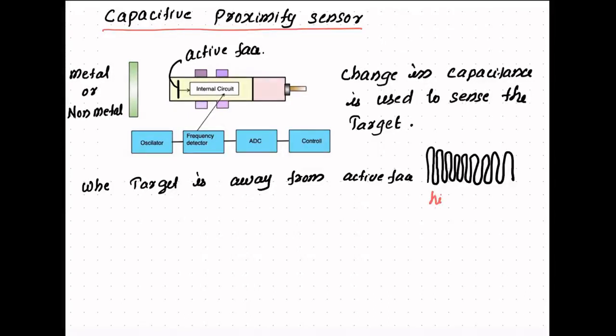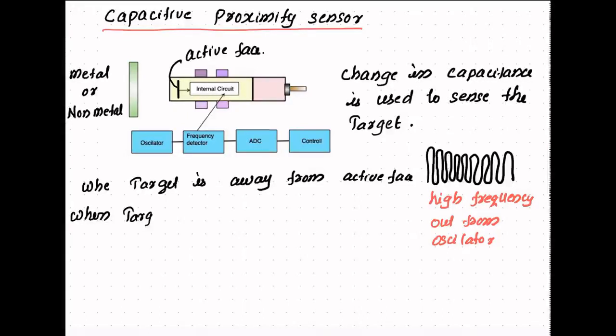But when the target approaches the active face, the spacing between the plates decreases, or the capacitance increases, which causes a decrease in frequency from the oscillator circuit.